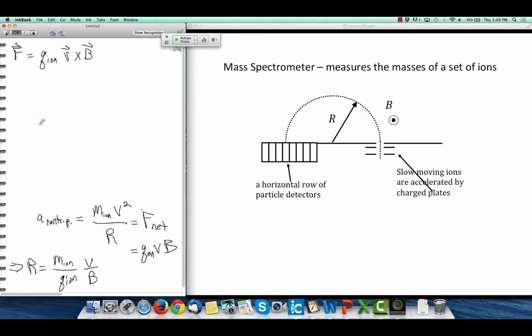You can select for velocities by having, suppose you have a bunch of particles coming through a constant electric field, then they have a force upward. And if you give an equal opposite force downward, how would you get a magnetic force downward? If they're positively charged, then they'll have an electric force upward.